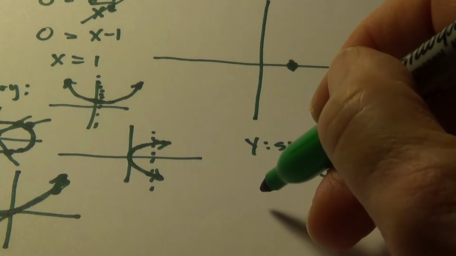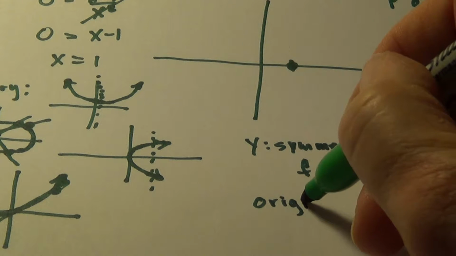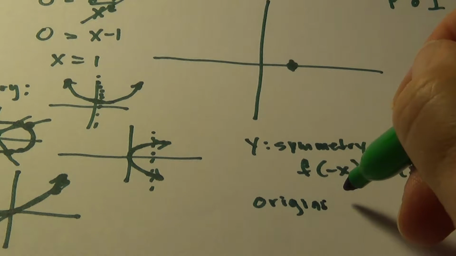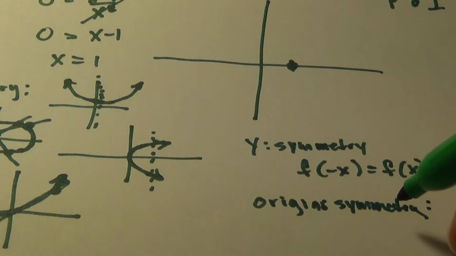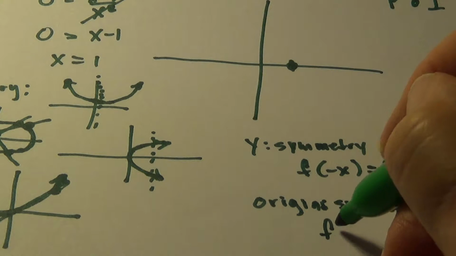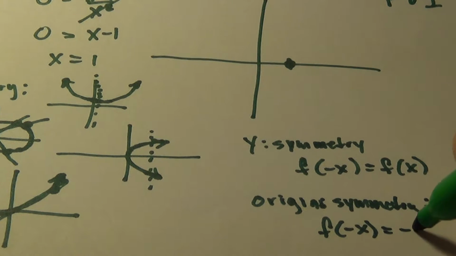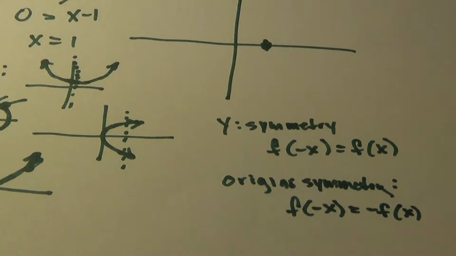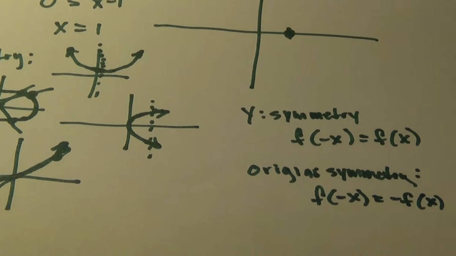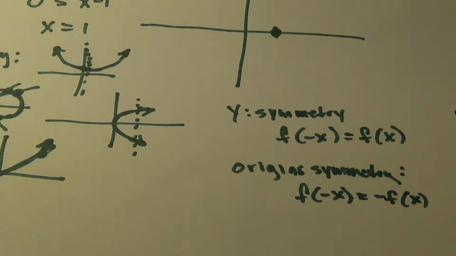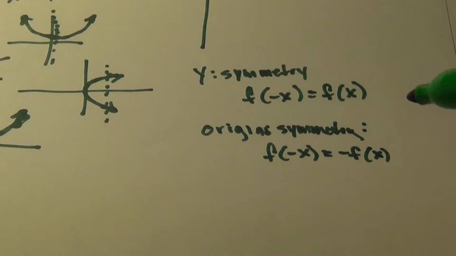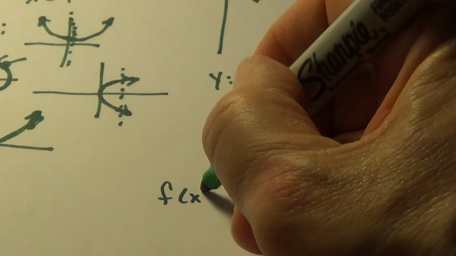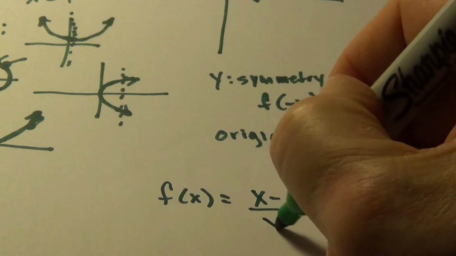And for the origin symmetry, the test will be if f of negative x is the same as negative f of x. Alright, and you can look back to your old notes. Where are those comp books? And you can see we established that in pre-calc. Alright, so let's do the test on our function. I'll call y f of x for this part.